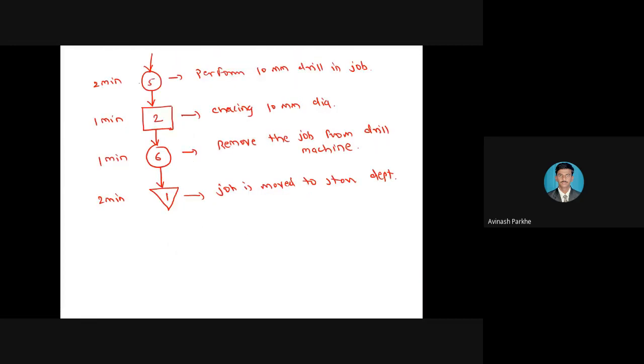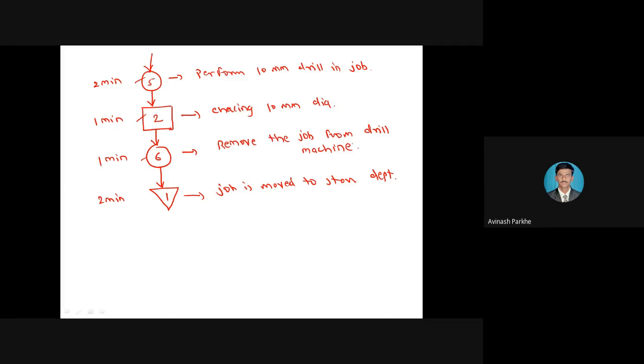Then again I am performing the 10 mm drilling on that particular job. Again I am checking by using the vernier caliper whether 10 mm drill is there or not. And at the end, removing the job from that particular machine. Maybe different types of jaws or a chuck are there. From that particular chuck or attachment, I have to remove that job and move that component to the store department.